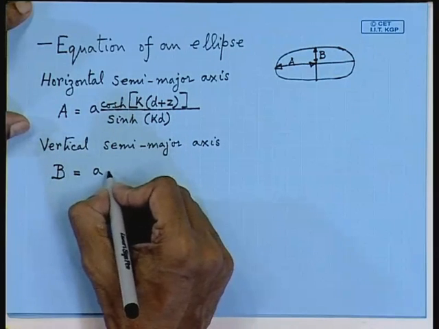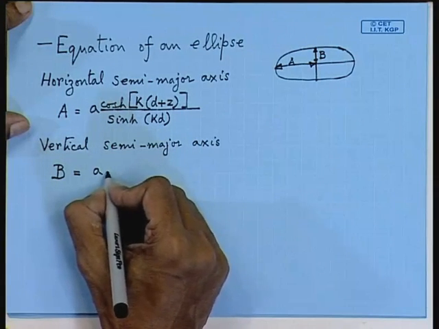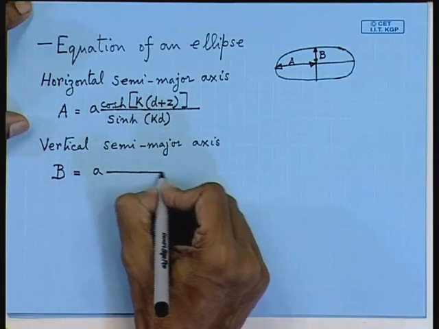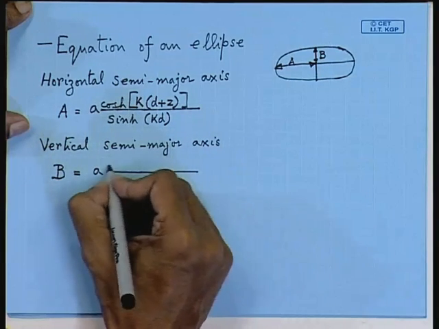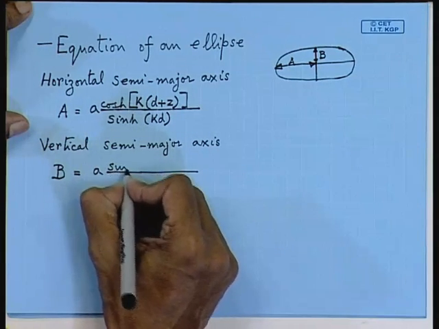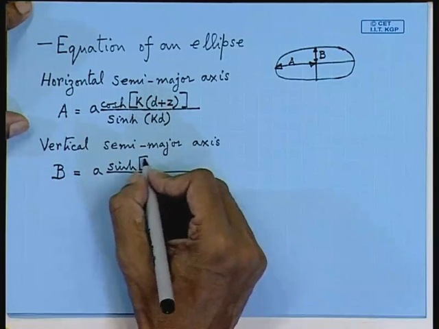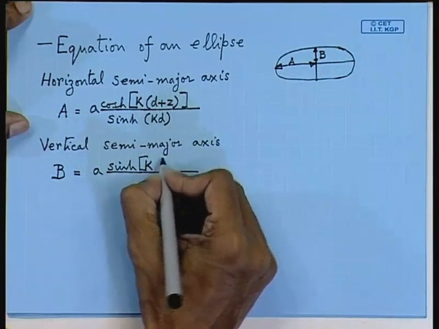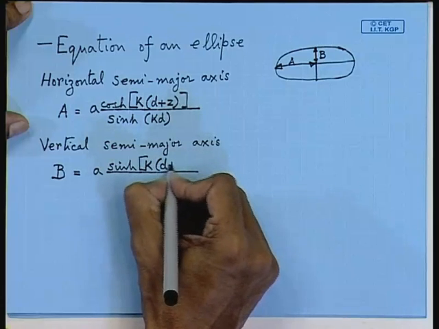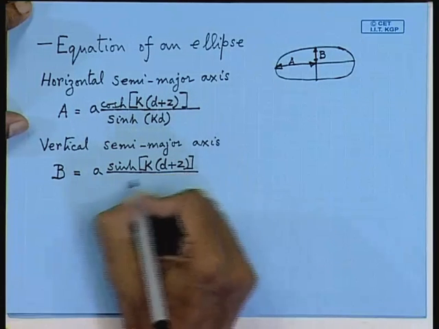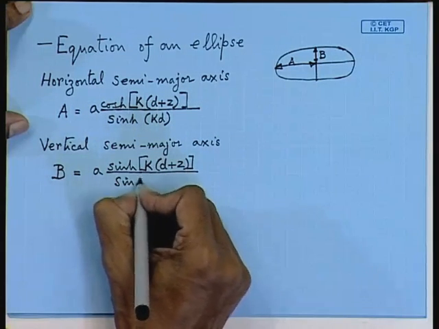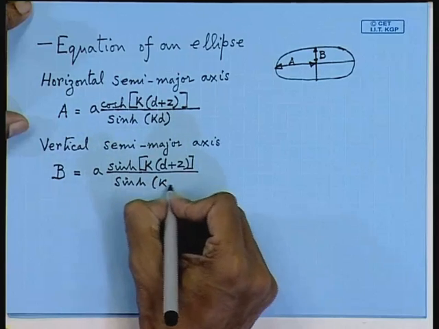Again, A is the amplitude of the wave, and this is the other term, the hyperbolic term: sine hyperbolic k into d plus z, over sine hyperbolic k d.